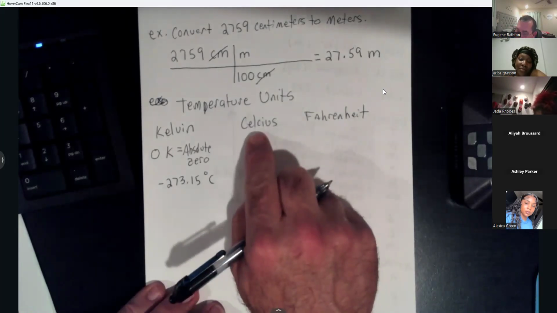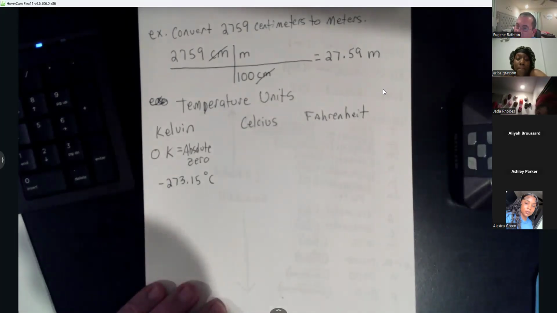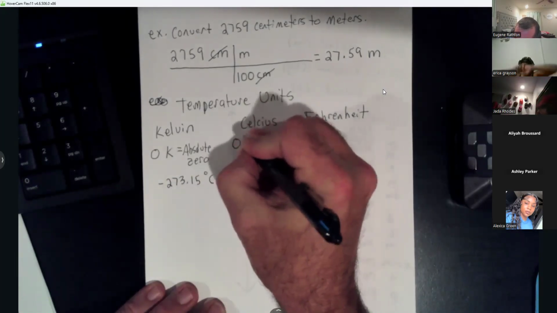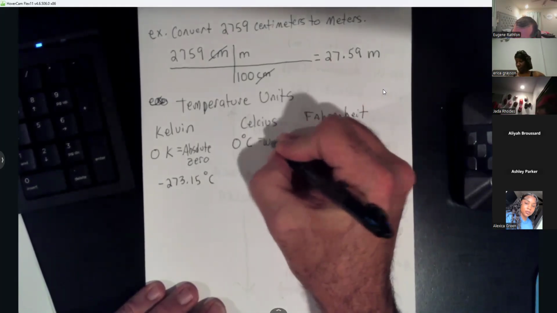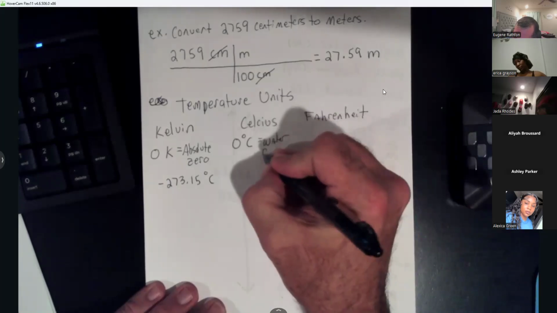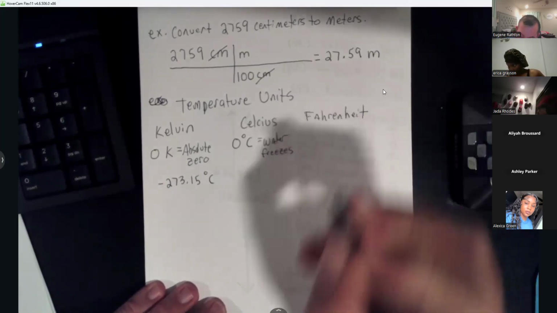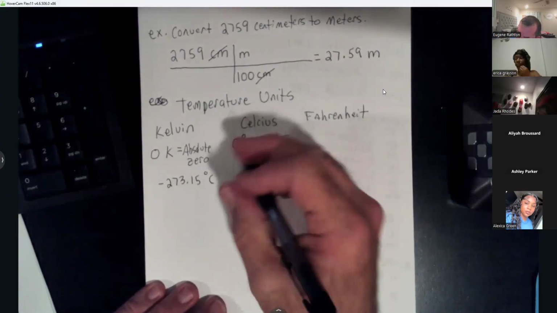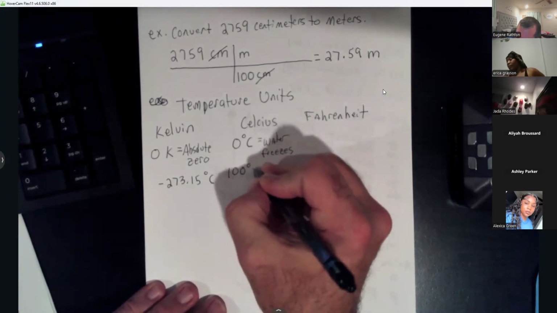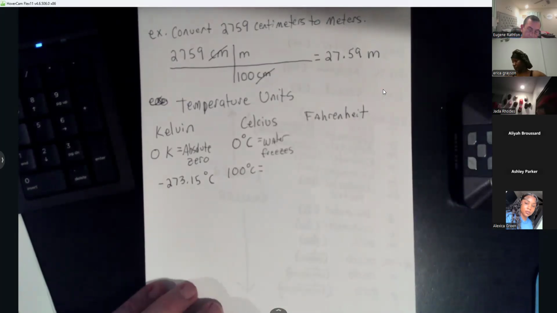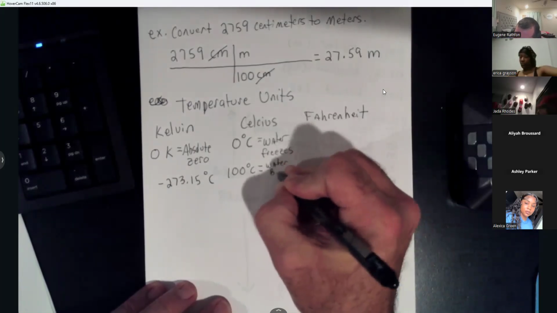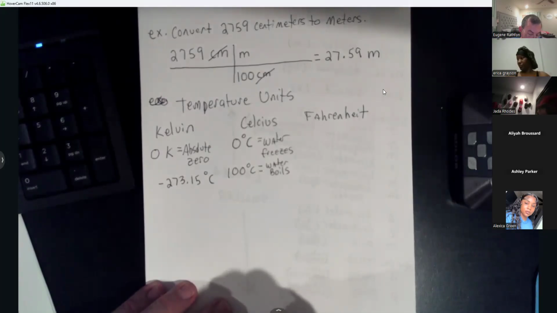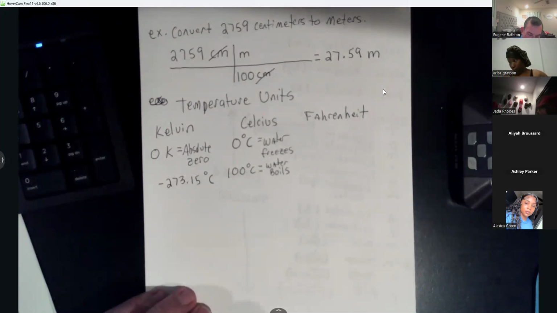Alrighty. Celsius, water freezes at 0 degrees. All right, in Celsius, 100 degrees is the temperature where water boils. All righty.